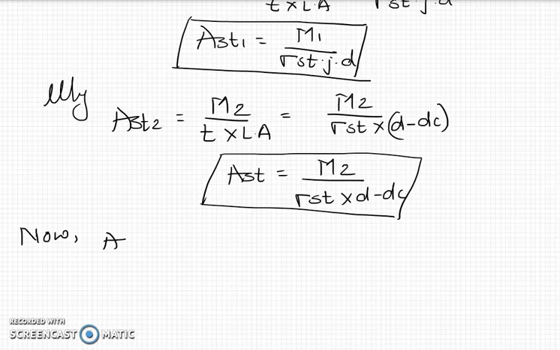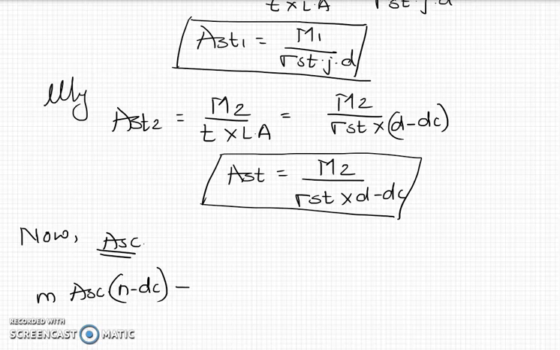Now to calculate the value of ASC, that is the amount of steel required as compression steel, we have to equate the moment of equivalent areas of compressive steel and additional tensile area, that is AST2. So we equate M into ASC into N minus DC, considering the neutral axis. M into ASC is the compressive steel, N minus DC is the distance from the neutral axis.